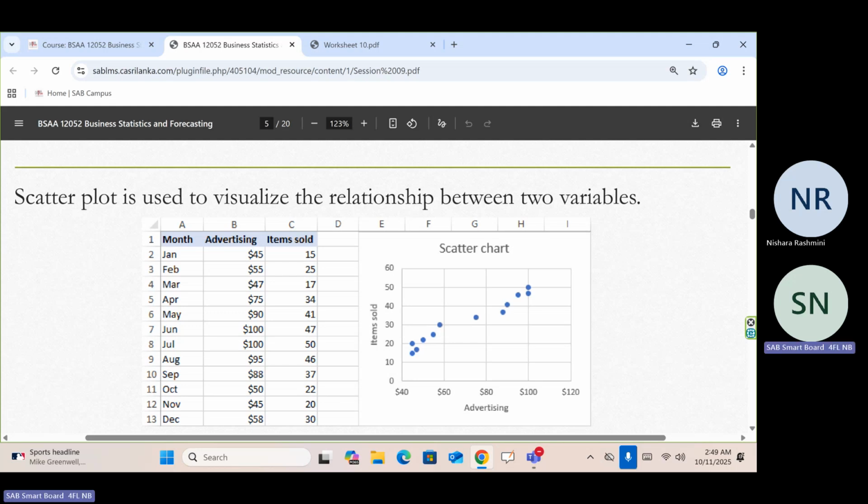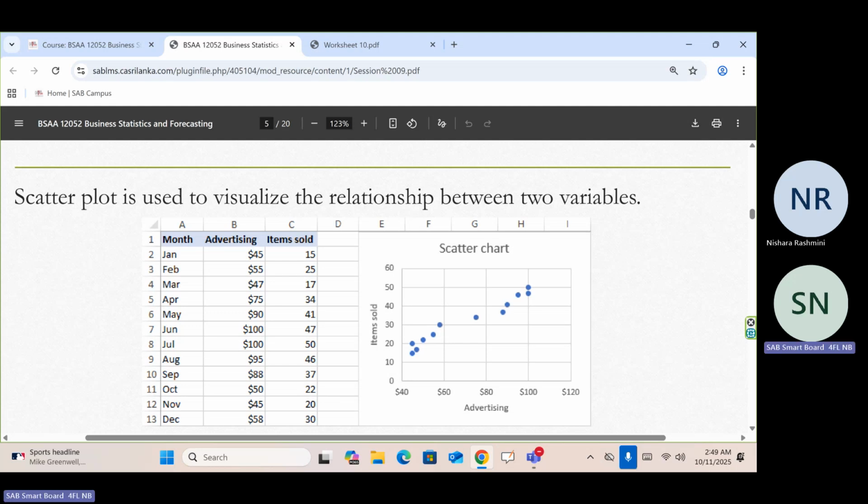According to this example, the variables are advertising expenditure and number of items sold. Tell me which one is the independent and which one is the dependent.